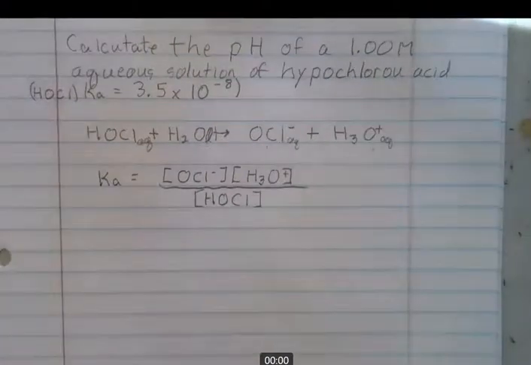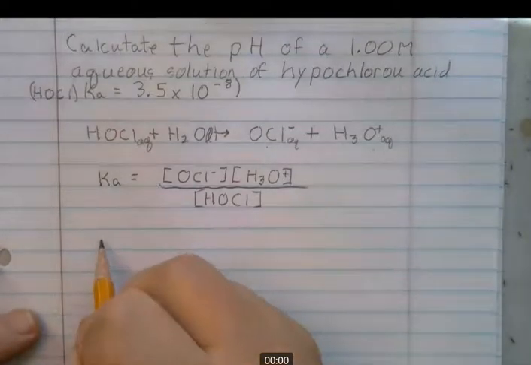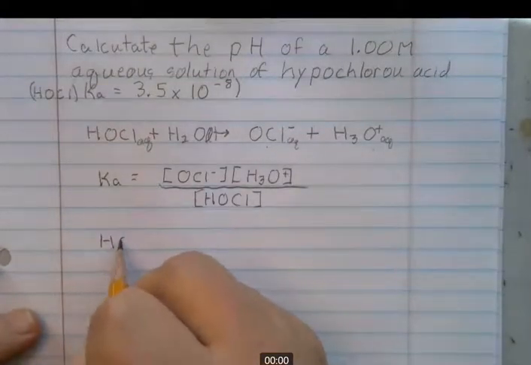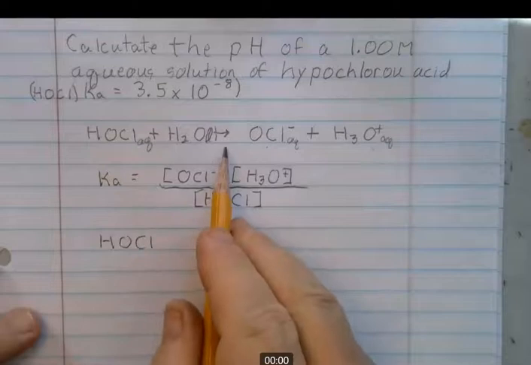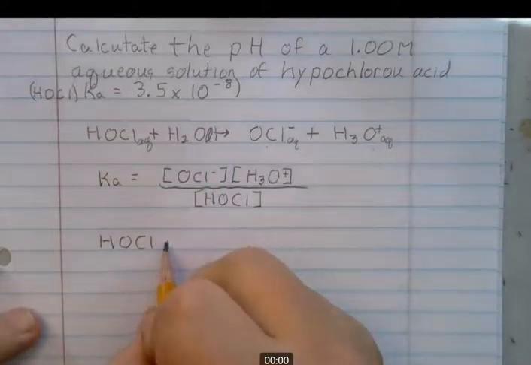Okay, so we're trying to get a pH from this, and we have only one concentration given, and that's the 0.1 molar of hypochlorous acid. So we're going to make an ICE table. I'm going to go ahead and rewrite the reaction. You could have done it from the original reaction up here if you wanted.